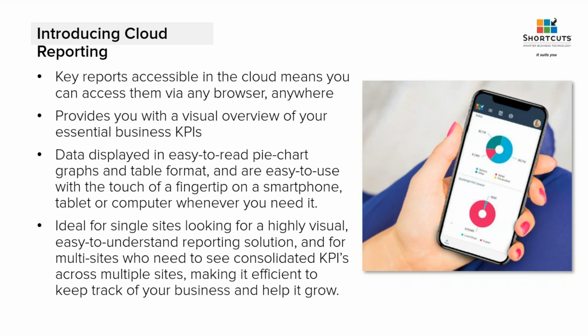But that's usually historical data. How were you performing from month to month? With cloud reports, you now have much more recent data, including daily information. So the good thing about it, whether you're at the business or working at home, you get to look at your key performance indicators and see how the business is trending from day to day, week to week, month to month.